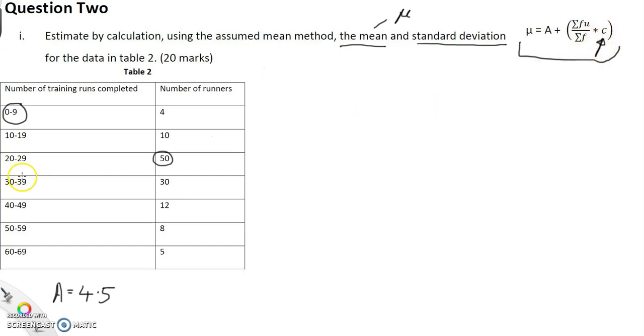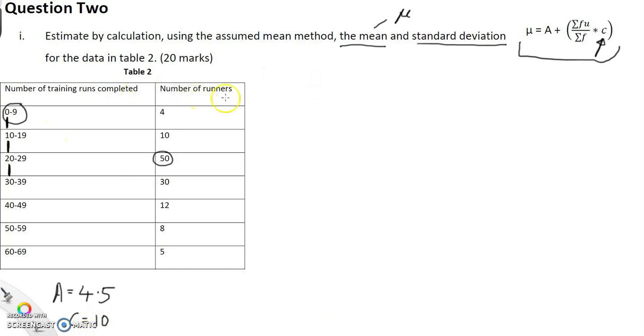We get the class width by subtracting the lower limits of the classes. 10 is the lower limit of the second class, 20 is the lower limit of the third class, and the gap between them is 10. So C, our class width, equals 10 minus 0, which is 10.